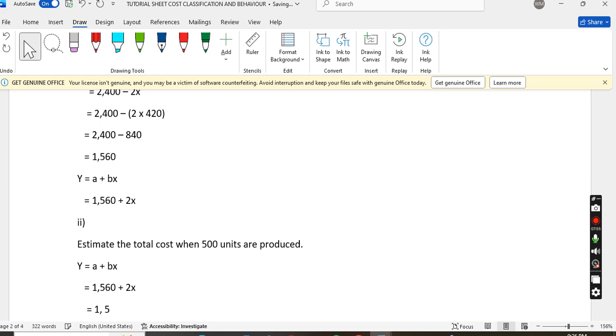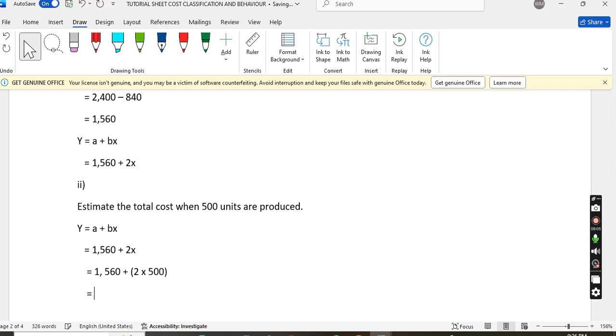So 1,560 plus 2 multiplied by 500. 2 times 500 is 1,000, so we get 2,560 kwacha. That would be our total cost if we produce 500 units.